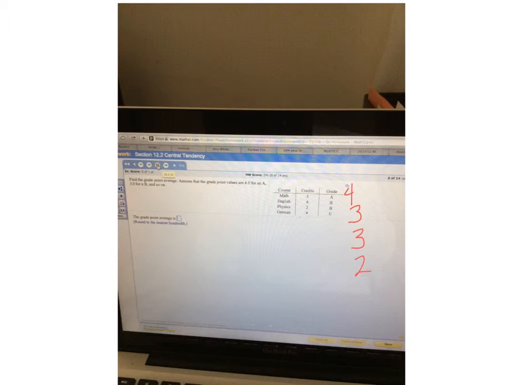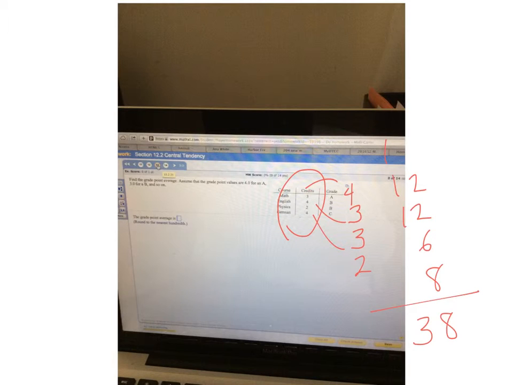And then it's a weighted average. 3 times 4, 4 times 3, 2 times 3, 4 times 2. Add that up. So let's see, 6, 8, 10, 18. And then divide by the total number of credits. So you're going to add this column up and divide by the total number of credits, and that's going to give you your GPA.